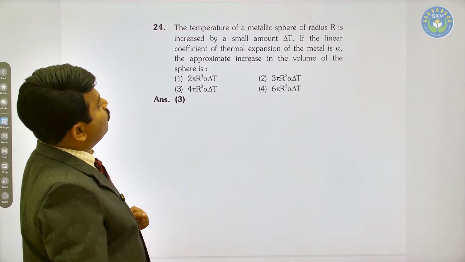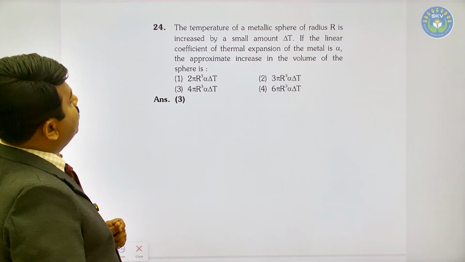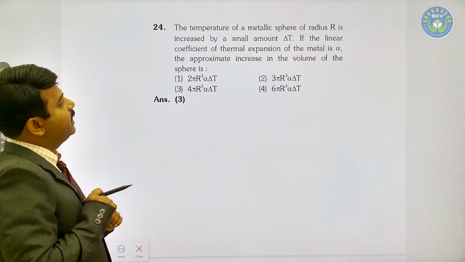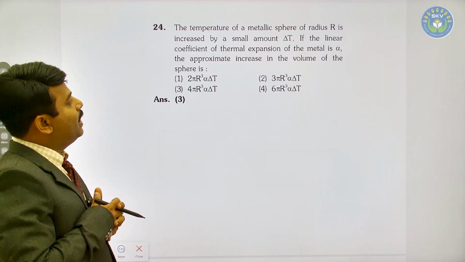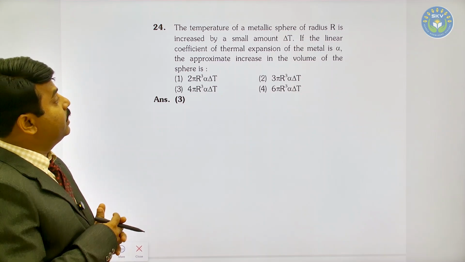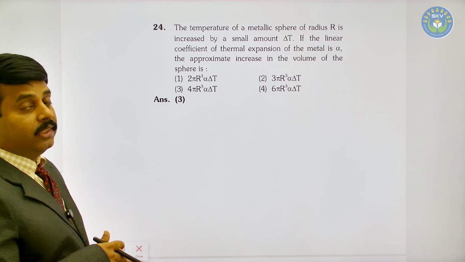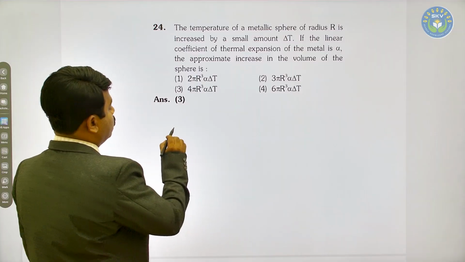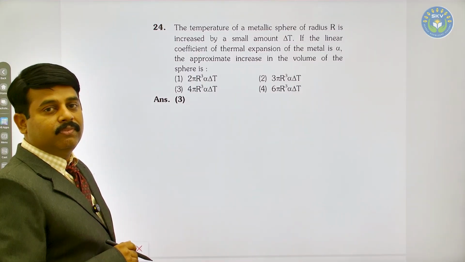The temperature of a metallic sphere of radius r is increased by a small amount delta T, right? If the linear coefficient of thermal expansion of the metal is alpha, the approximate increase in the volume. How is volume expansion of a body related?